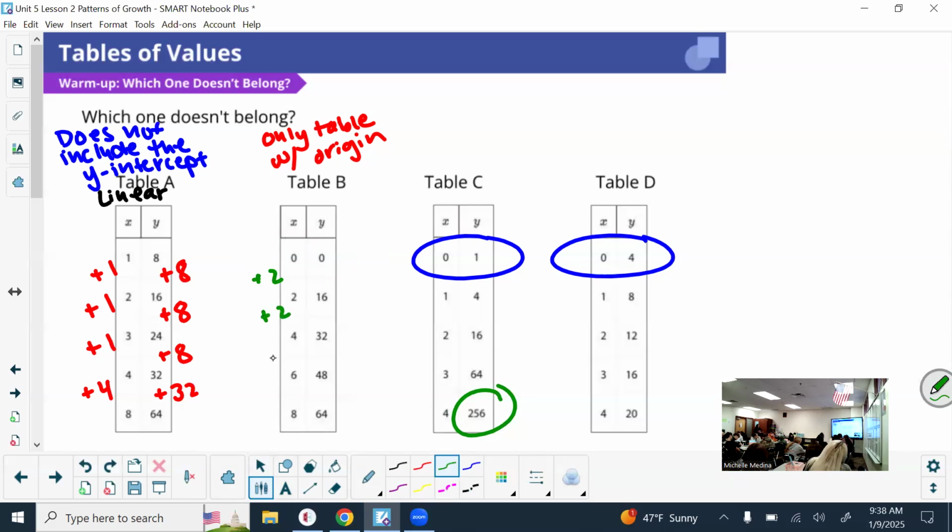So when the pattern in the x's is consistent, it's easier to see if there's a pattern in the y's. And what's the pattern in the y's? We're adding 16 each time. That's consistent throughout. Because of that, table B is linear.